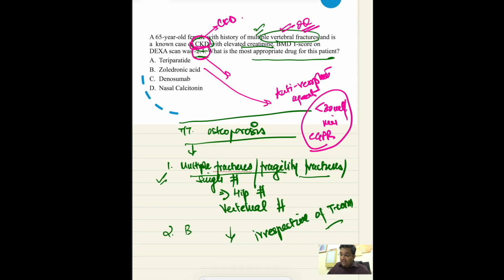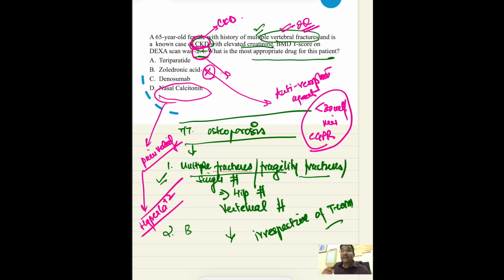So in CKD, this goes out of the window. Nasal calcitonin is given for pain relief, or for hypercalcemia of malignancy. It has no role, or very limited role rather, in osteoporosis.